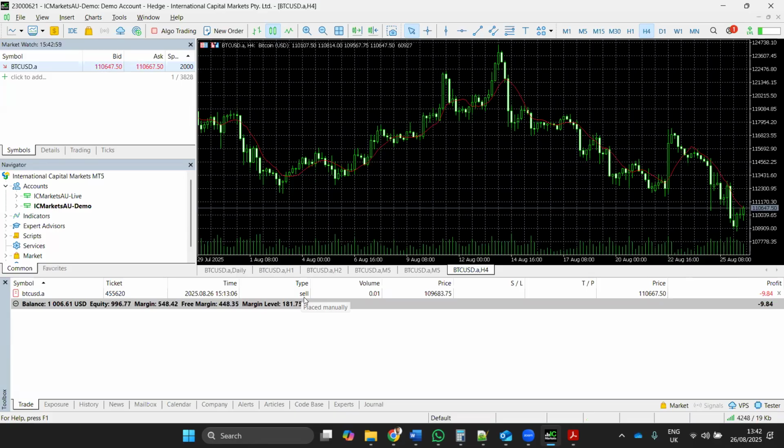Option number two: these brokers, IC Markets, have liquidity providers, other companies who provide them the bid and ask prices. They are ready to buy or sell with you at any time. They could forward my trade to a liquidity provider where my sell order could have been matched with their buy order.